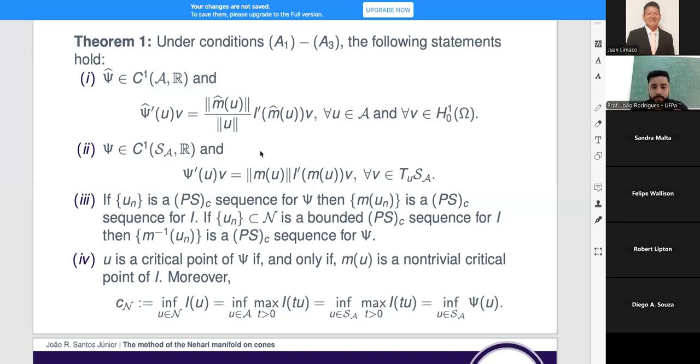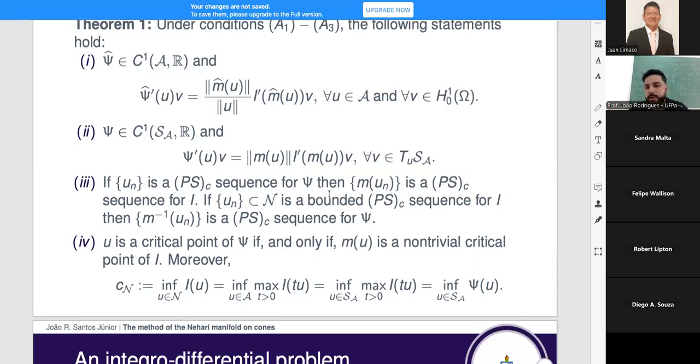For example, if you have a critical point of the functional psi and you apply the homeomorphism M at this critical point, so M of U, if U is the critical point, M of U will be a critical point of the functional I. This type of relation is very important because we can overcome the fact that the Nehari set doesn't have a differentiable structure.